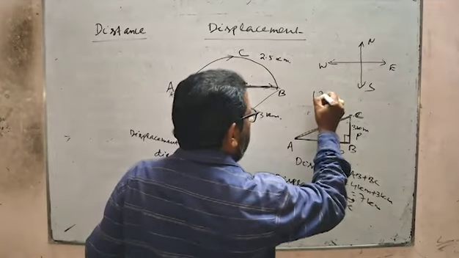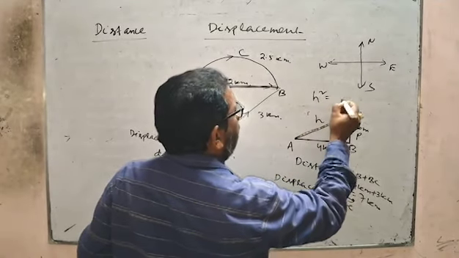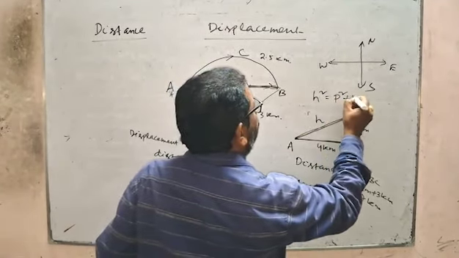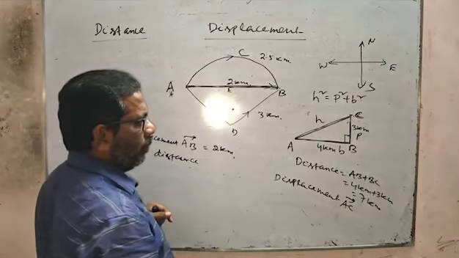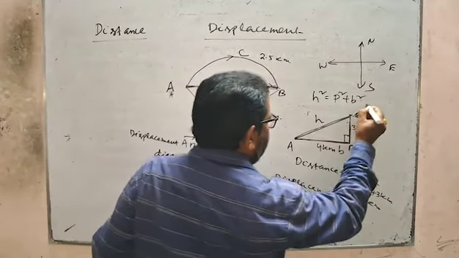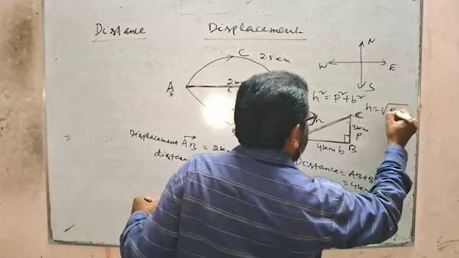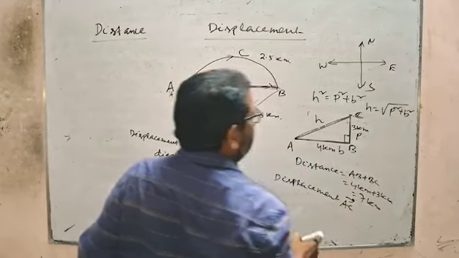By Pythagoras theorem, H square equals P square plus B square, so H equals root over P square plus B square.